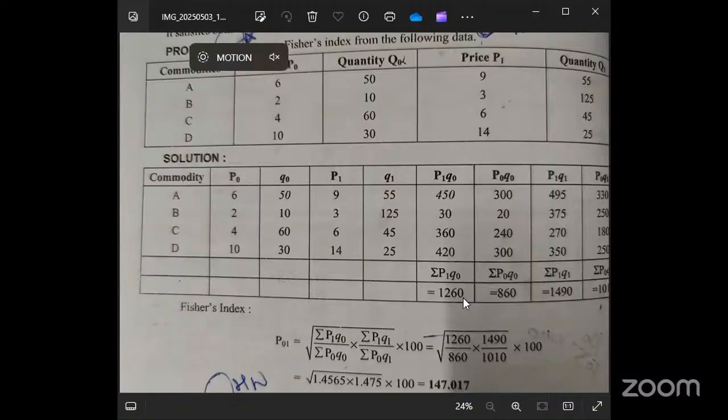So 1260 by 860 into 1490 by 1010 into 100. So the index number according to Fisher's ideal method is 147.017.